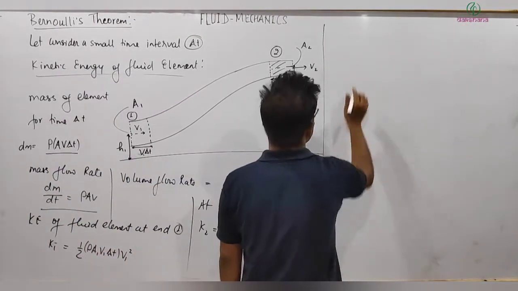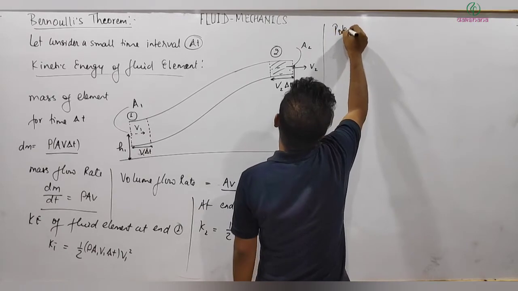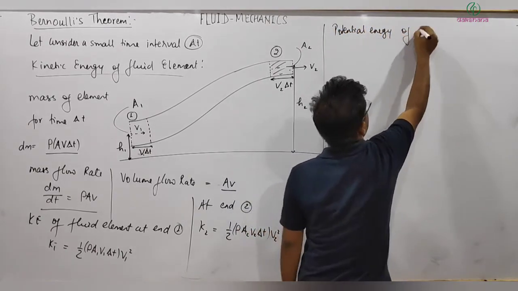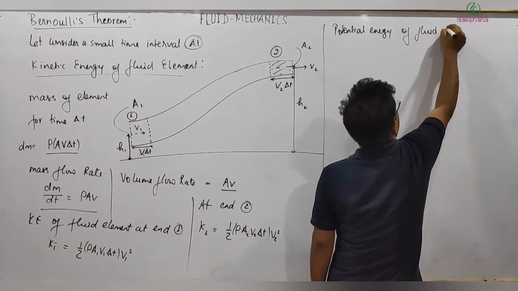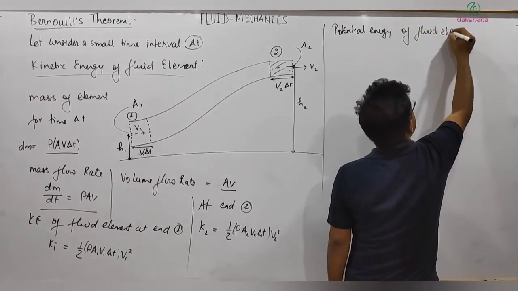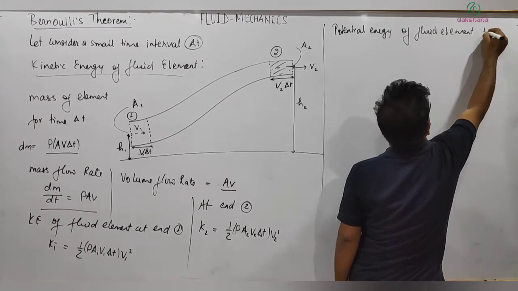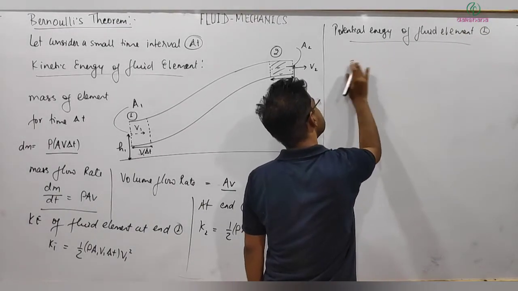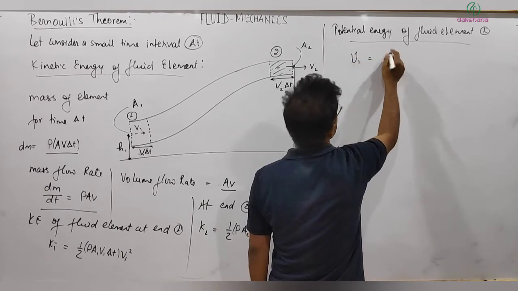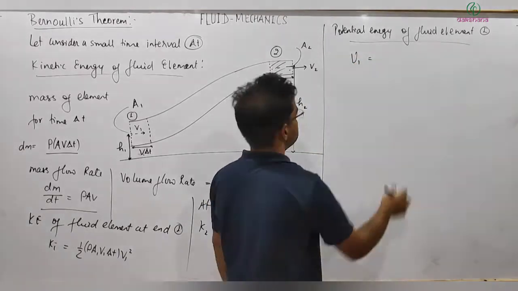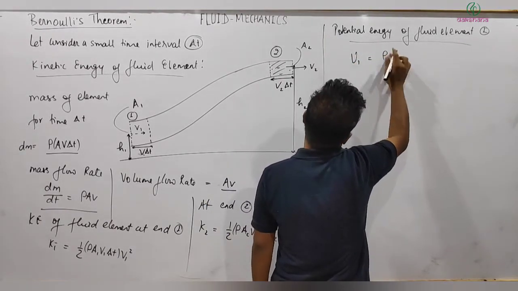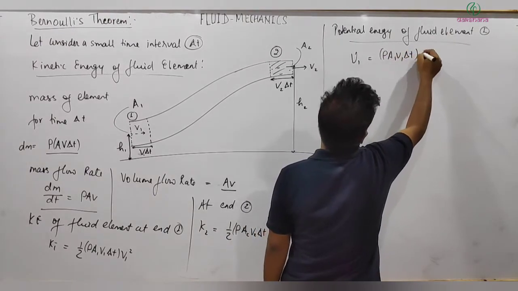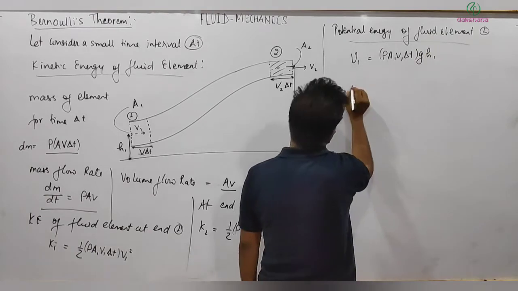And similarly the potential energy of the fluid element. Let's say at end 1, I will write this as U1, mass into g into h, where the mass is rho A1 V1 delta T, multiplied by g multiplied by H1.